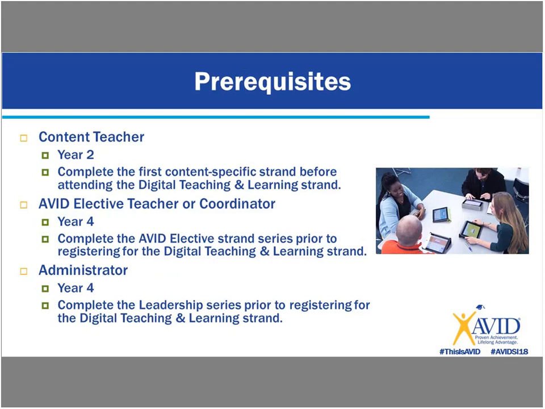If I'm an AVID elective teacher, coordinator, or administrator for that matter, this is most likely a year 4 strand for those people, only because we already have a track of strands for them to attend in their first 3 years. So like AVID elective teachers, they're going through those implementation strands. So they get a really strong handle on the AVID elective before then attending Digital Teaching and Learning. Same thing with administrators and the leadership strands.